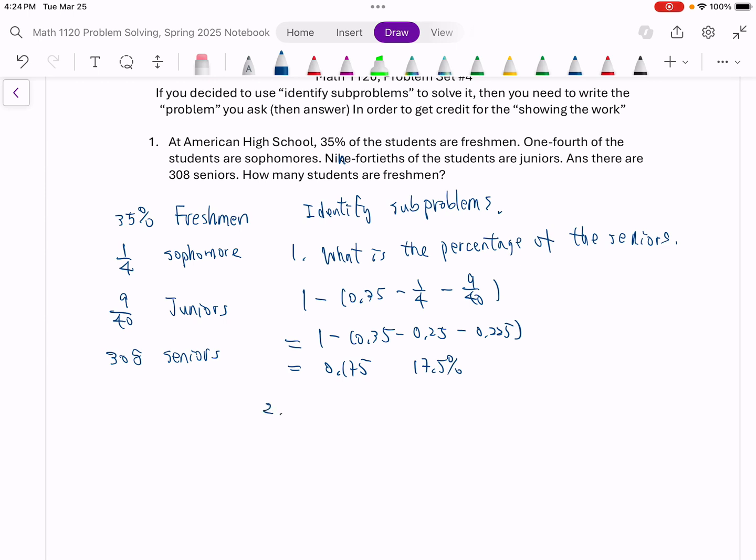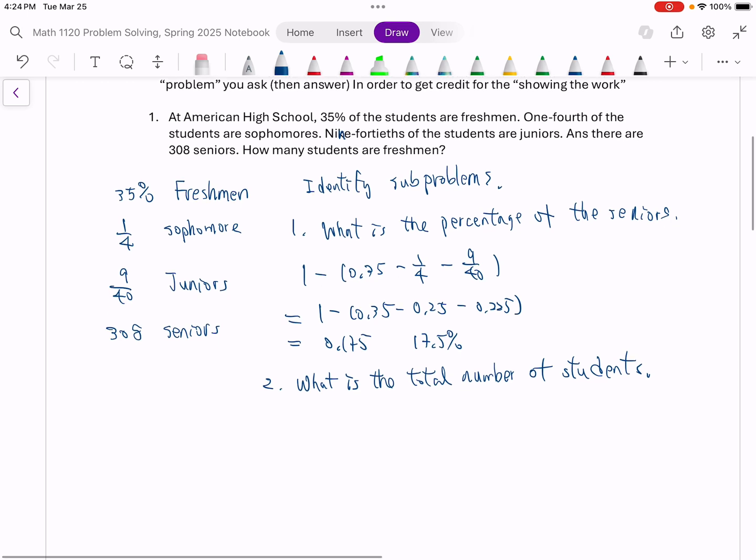So the second question is we want to know the total number of students. Obviously, if you want to figure out how many freshmen there are, you need to know the total number of students in order to figure out that 35% of the student body is freshmen. So this is kind of like an algebra problem, right?